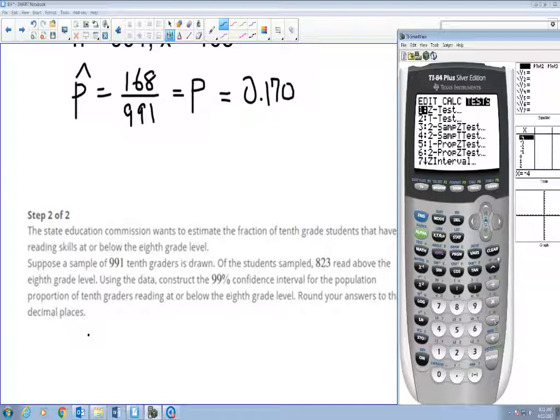So let me go back to this. 99% confidence interval. Calculate. Alright.